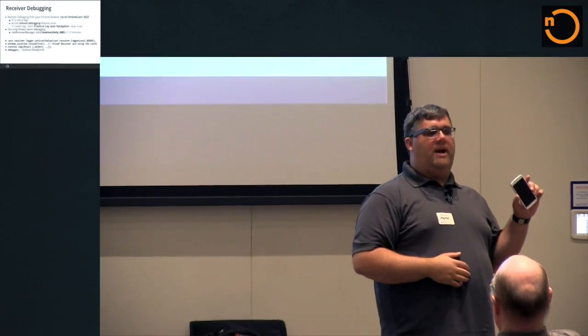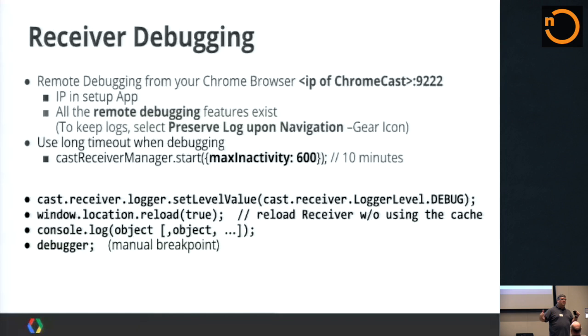Yeah? What's that tool again? Are you talking about ADB? So ADB is, if I USB connect my phone, I would do ADB connect and then the IP address of the phone. And that kind of opens the socket between the two. And then you open up Chrome desktop. And for Chromecast, you go to port 9222. That's the default. The IP address and 9222.